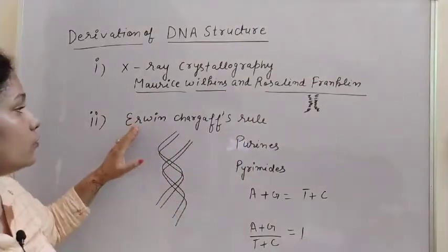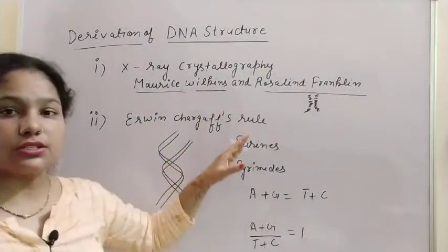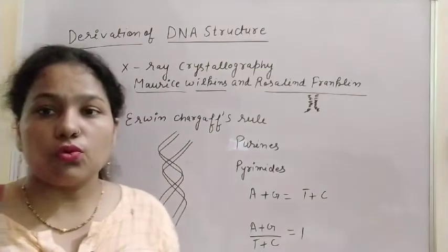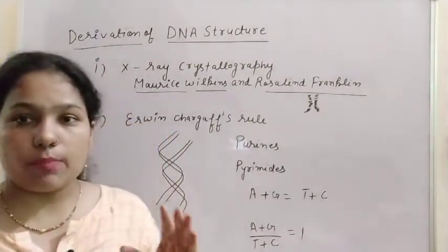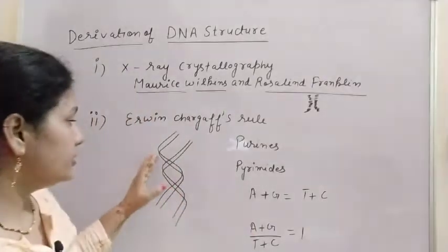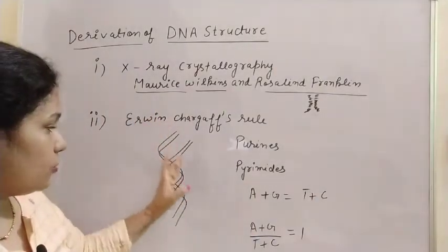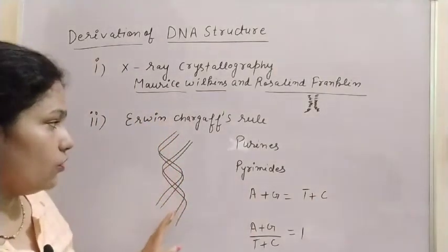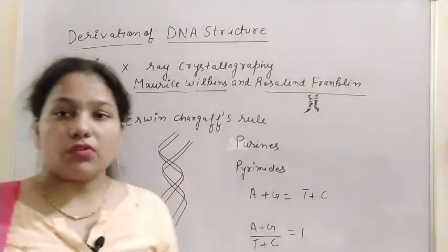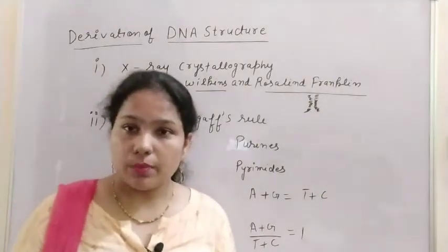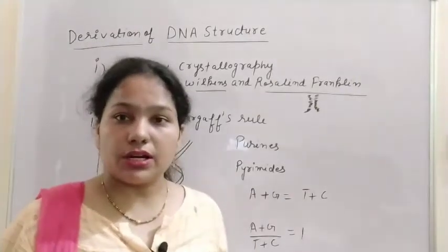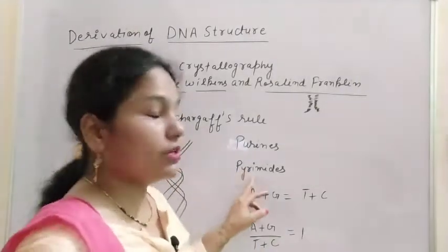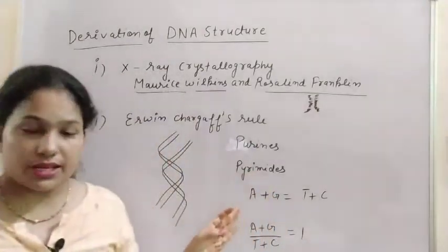After that Erwin Chargaff and his colleagues gave one rule, and that is known as the Chargaff's rule, and this rule is applicable for double stranded DNA, like one strand of DNA and that is the second strand of DNA. You are aware about the purines and the pyrimidines. In case of purine, there is the double ring, and pyrimidines only the single ring is present.